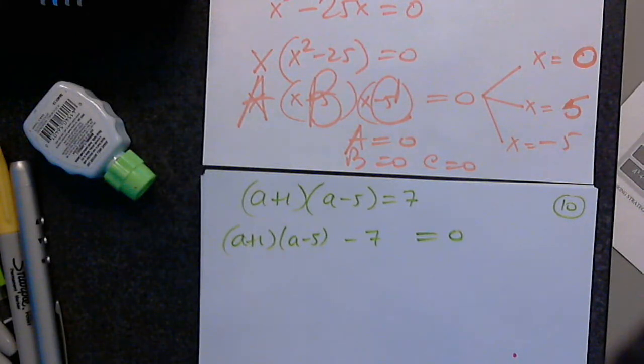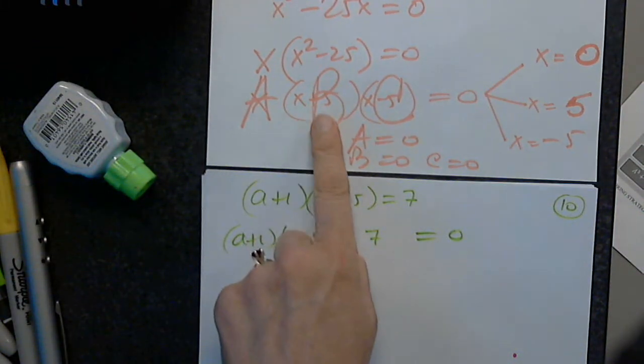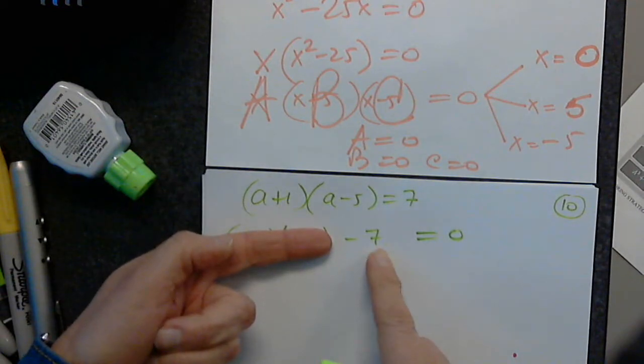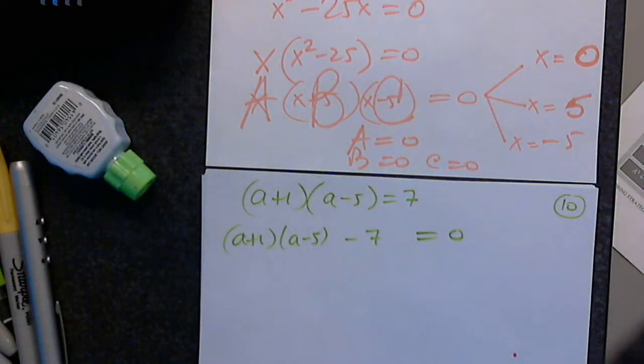I have to have 0 on one side, I do, but the second condition says a product of factors on the left. Is the left a product of factors? This is a product of factors: x times x plus 5 times x minus 5. Is this a product of factors? It has minus in there. So this is a product minus this. This is not a product of factors. What do I do?